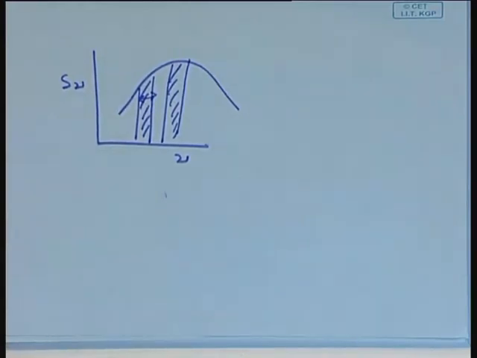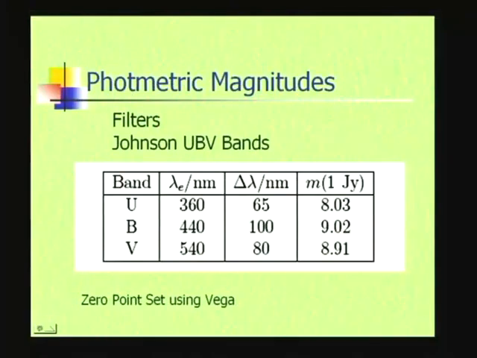Okay. And there are different systems of, so this is what is called photometry, and the magnitudes that you get thereof are called photometric magnitudes. Okay. So, in photometry, you measure the flux density across such filters and you have to correct for the atmospheric effects and the instrumental effects also.